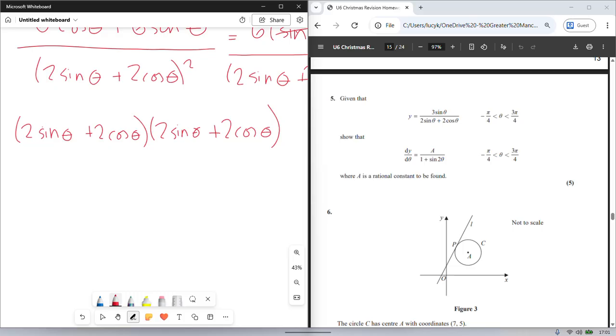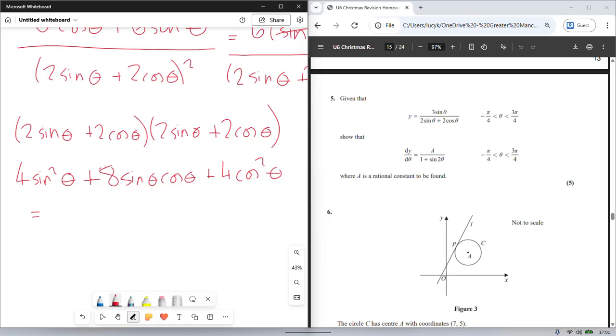So that's going to give me 4 sine squared theta here. End up with a 2 sine theta cos theta and another 4 sine theta cos theta, another 4 sine theta cos theta. So I think that's going to leave me with 8 sine theta cos theta in total. And then that would give me a plus 4 cos squared theta.